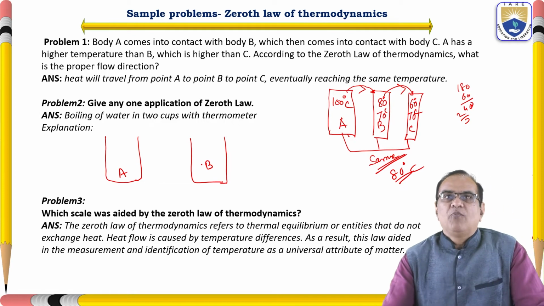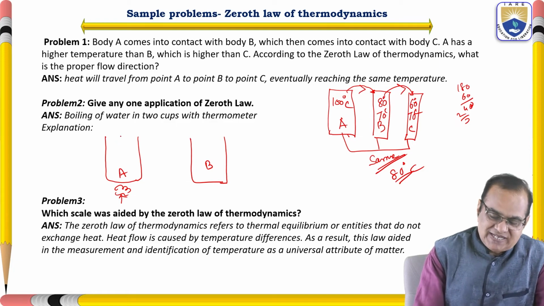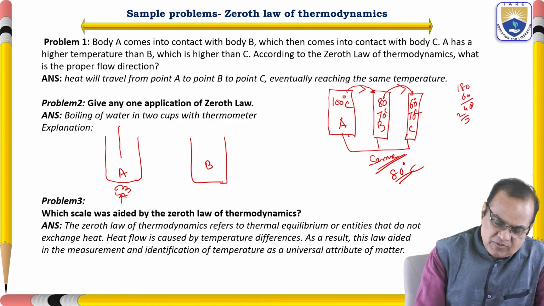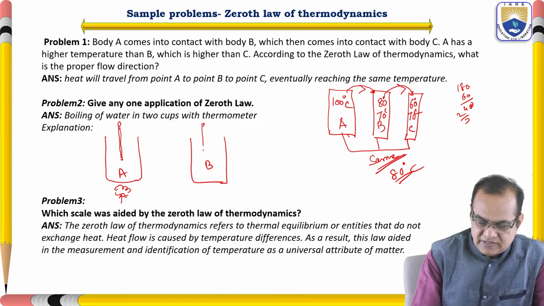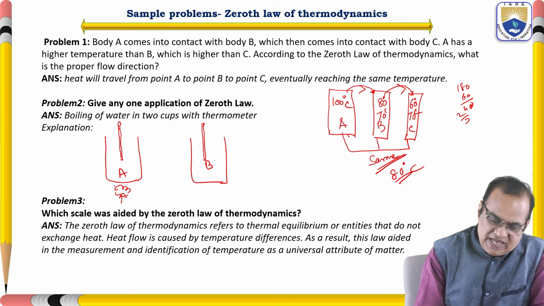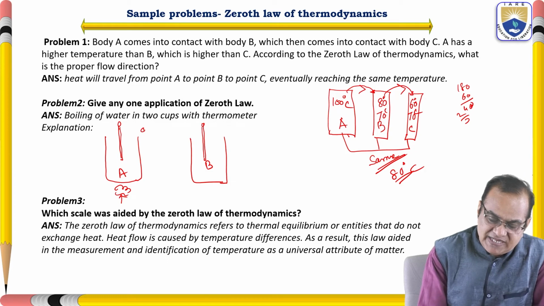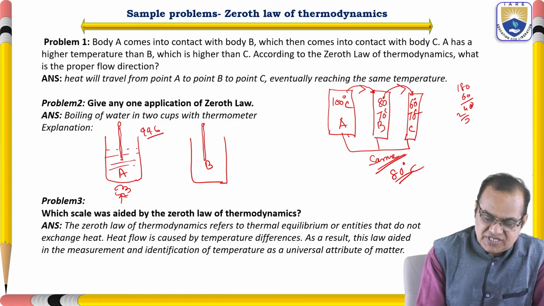So here I have given some heat, and if I put a thermometer here, in this case I am heating. As and when it reaches the maximum of 99.6 degrees, then the temperature of this will not increase.